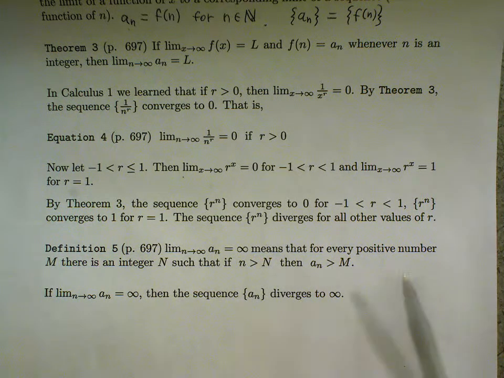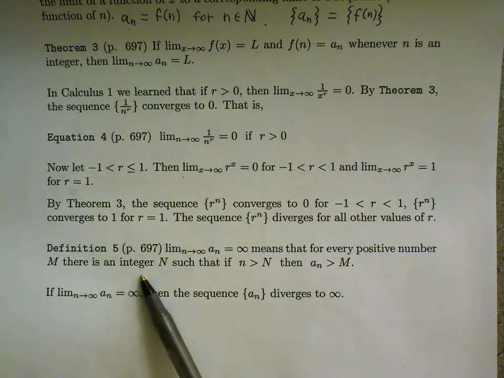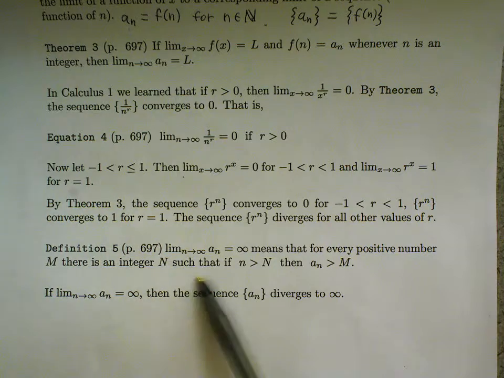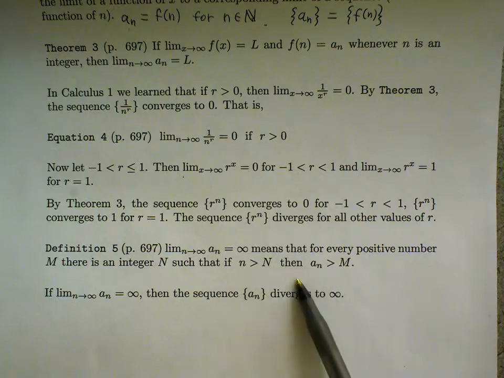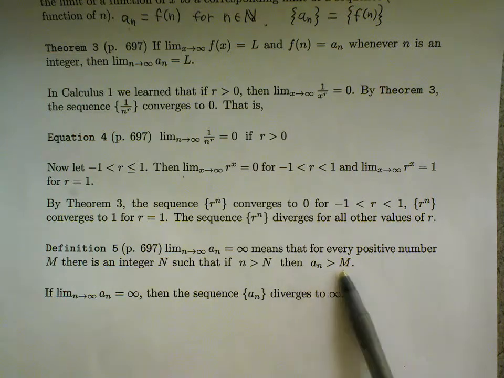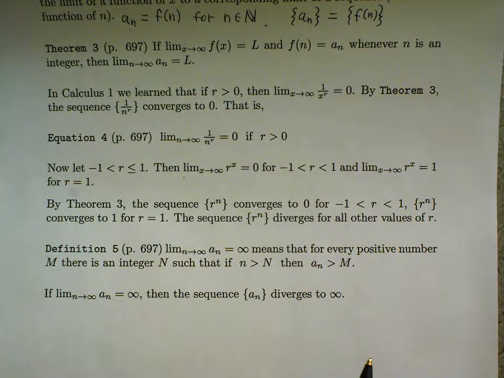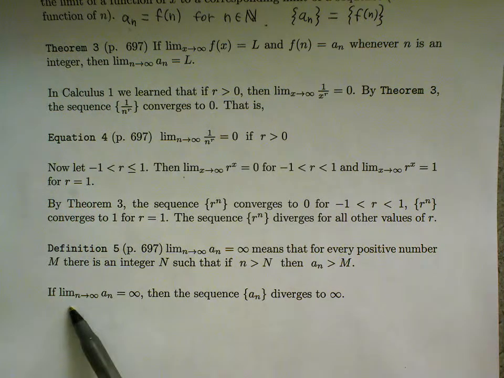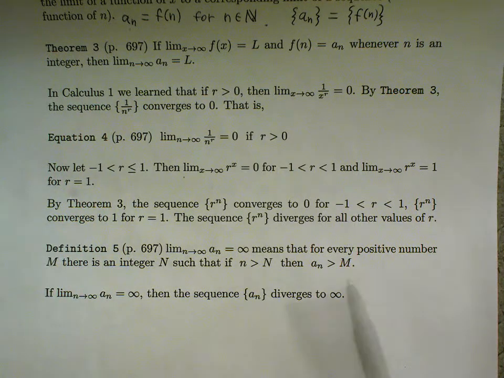This means that for every positive number capital M, there is an integer capital N such that if lowercase n is greater than capital N, then a sub n is greater than M. So if the limit of a sub n as n approaches infinity equals infinity, then the sequence of the a sub n terms diverges to infinity.